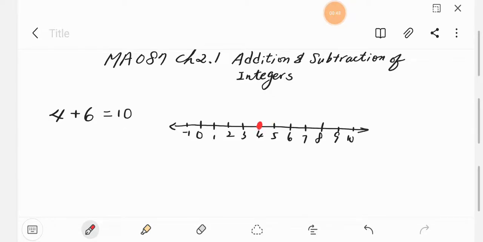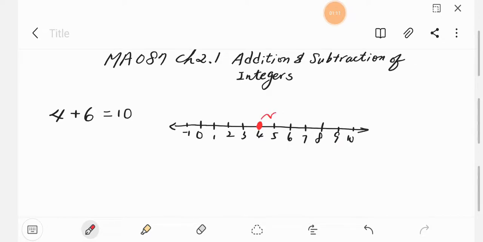Let me put a darker circle above this number 4. The plus 6 means you are adding 6 to this number. When you add, the number will be moving to the right. So move 6 units to the right. Plus 6 means move 6 units to the right.